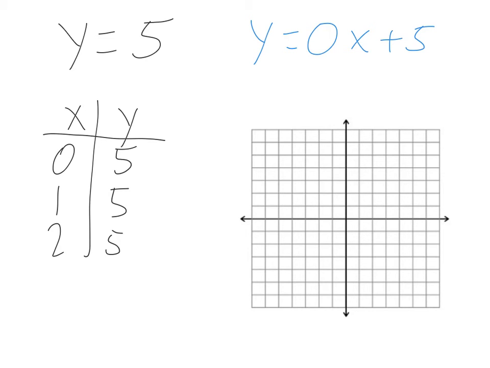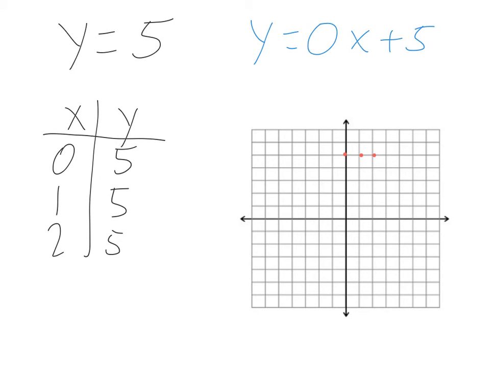So we can graph this like we did before, and we looked at our y-intercept, and our y-intercept is 5. So on the y-axis, we'll plot 5, and our slope is 0. So that means we go up 0 and over 1. Up 0 and over 1.